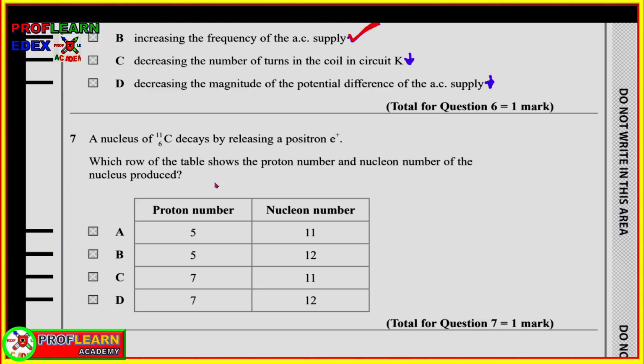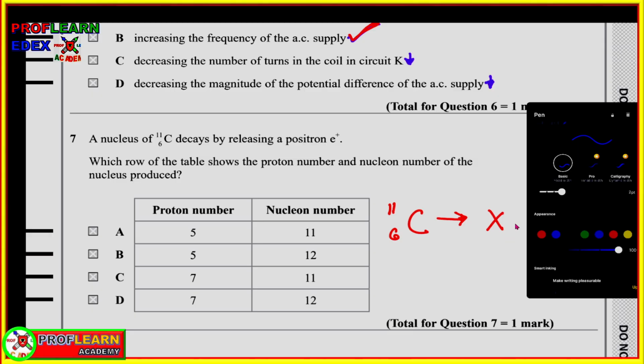So in question number 7, we are having, of course, carbon, which is having 11, and then we have 6 here. And in the process of decay, we are going to have another different element. And also we are told that a positron is produced.